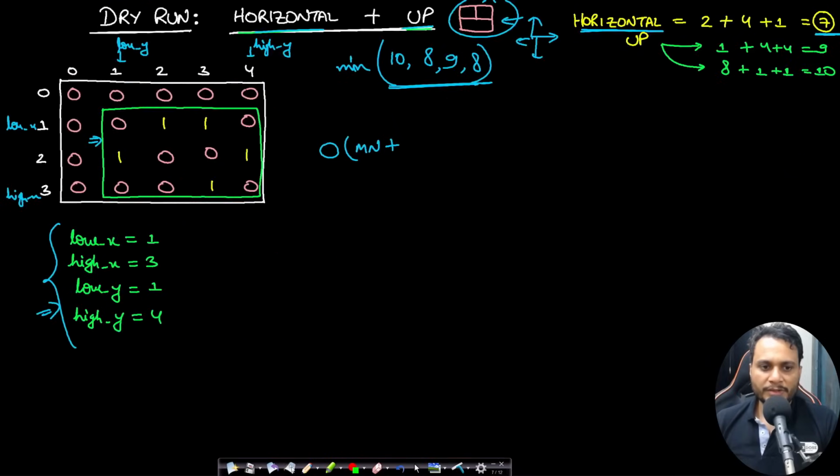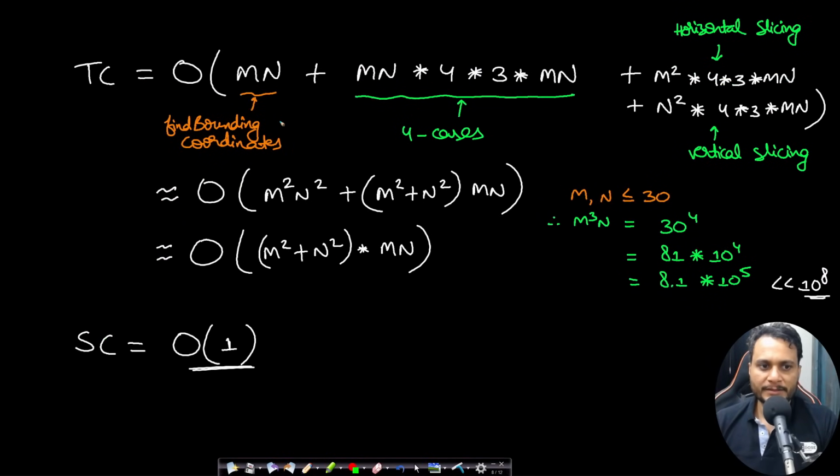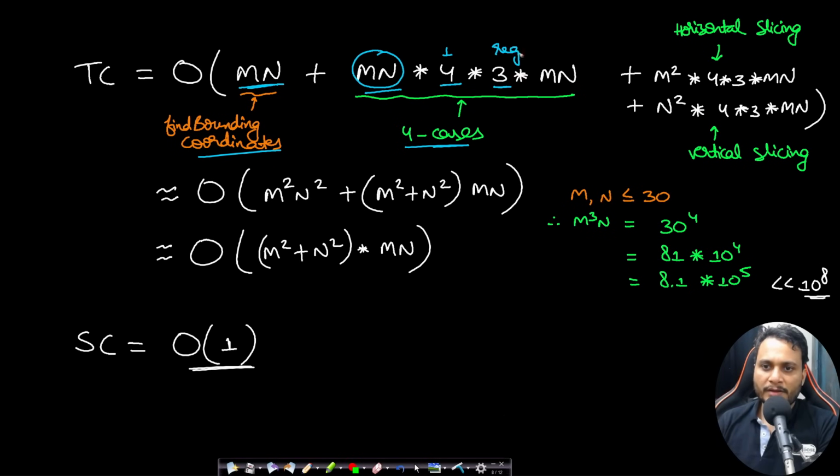So if you think about the time complexity, first of all you will be finding the bounding coordinate in mn time, and after that we will be covering the 4 cases, where you will have mn combinations, and you know that we will be solving for 3 regions and each solution will take mn time.